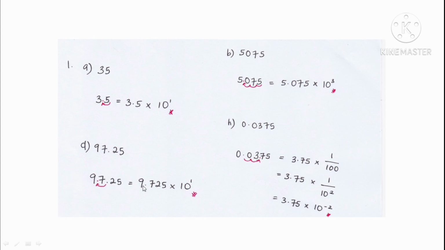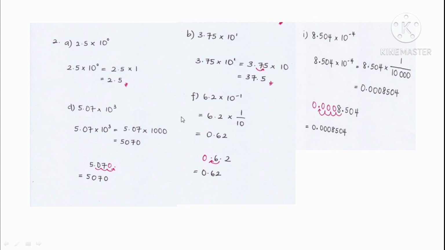So the answer will be 9.725 times 10 to the power of 1. So for H, we could see it is less than 1, so the index would be negative. So 0.0375, the answer in standard form is 3.75 times 10 to the power of negative 2.